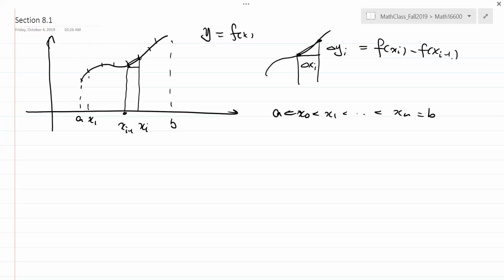The length of that piece can be approximated by the third side of the triangle.